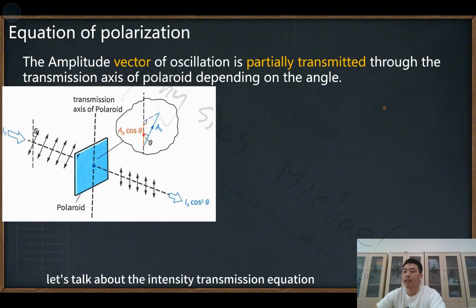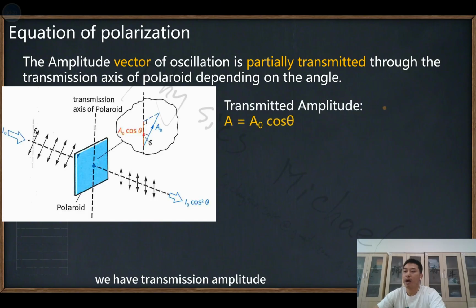Now let's talk about the intensity transmission equation through the Polaroid. From the picture below, we can see that the amplitude vector of oscillation is partially transmitted through the Polaroid's transmission axis, depending on the angle between them. For the amplitude, we have transmitted amplitude equals initial amplitude times cosine theta, or in symbols, A equals A0 times cosine theta.